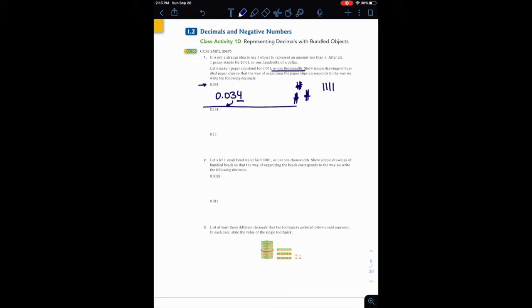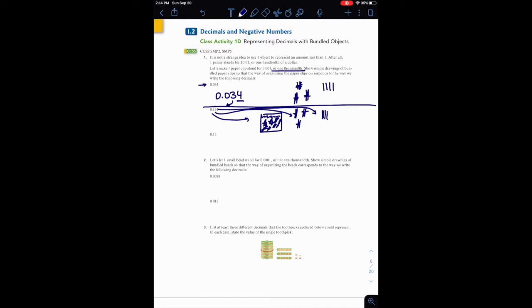In the second example, we would have 4 thousandths, 3 bundles, and 1 Ziploc, where there's 10 bundles. So this is our 1, that's the 3, and that's the 4 loose ones.